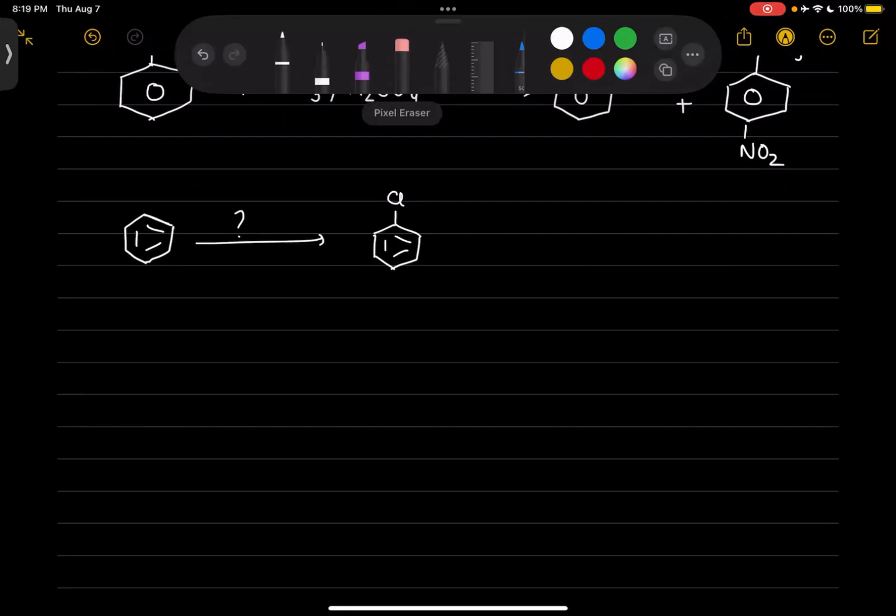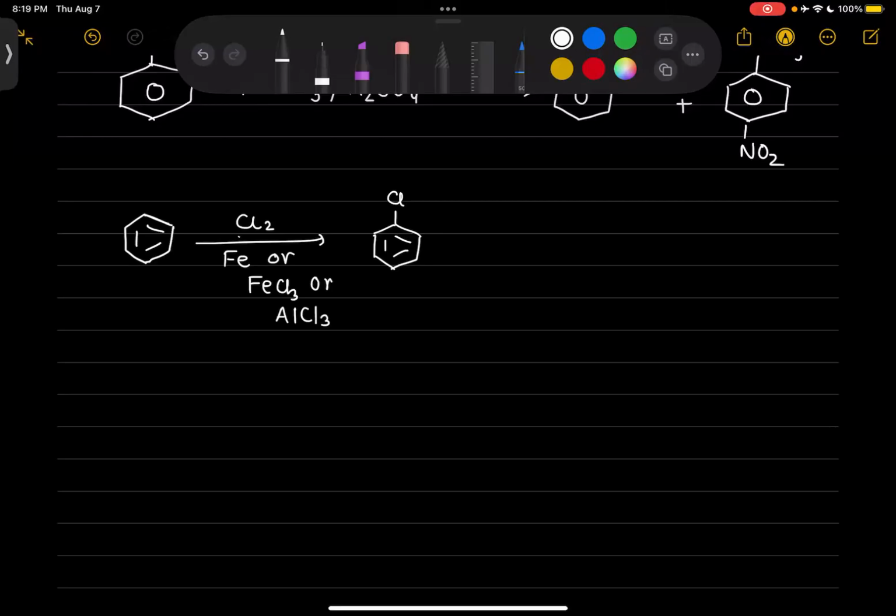So chlorine and Lewis acid. Yes, chlorine and Lewis acid, not chlorine and HNO3. Photohalogenation is used for alkanes. For benzene, you use chlorine, and either you can write Fe or FeCl3, or you can write AlCl3, some Lewis acid catalyst.